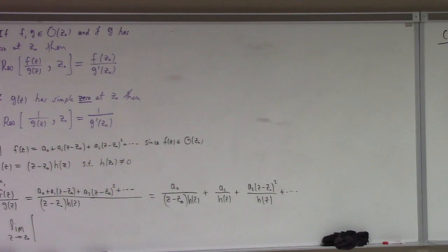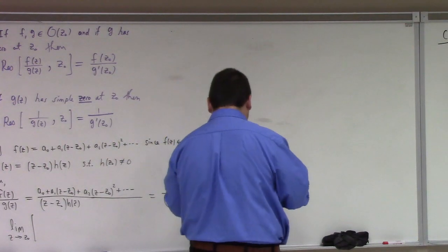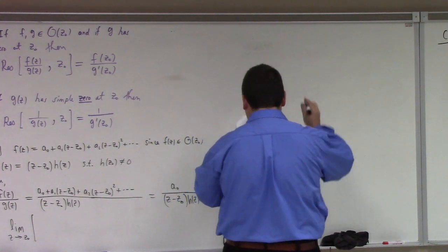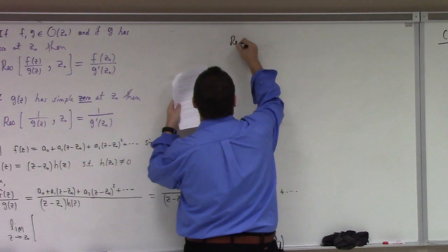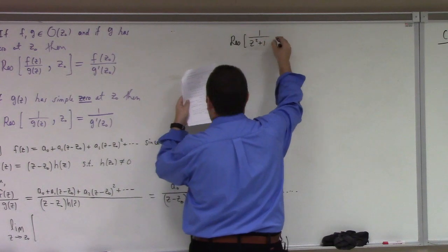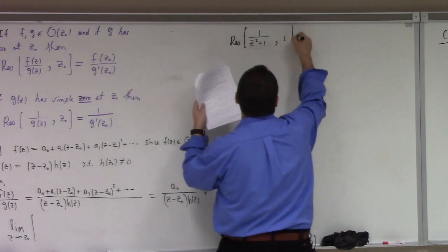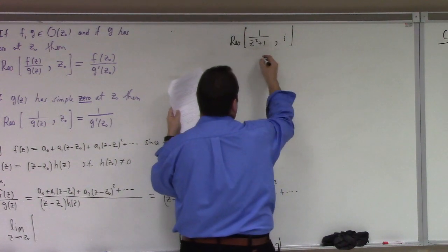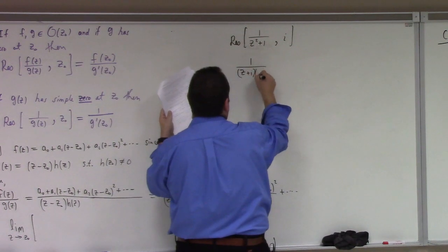But I do know that we could calculate at least a couple more examples here. So, for example, let's look at the residue of 1 over z squared plus 1 at i. Of course, this is nothing more than z plus i times z minus i.